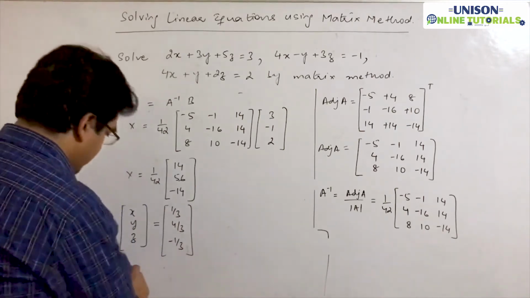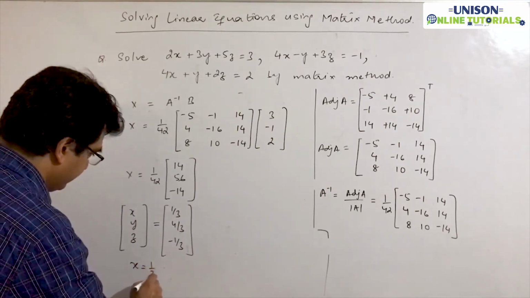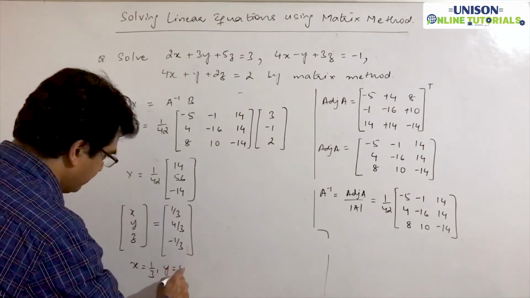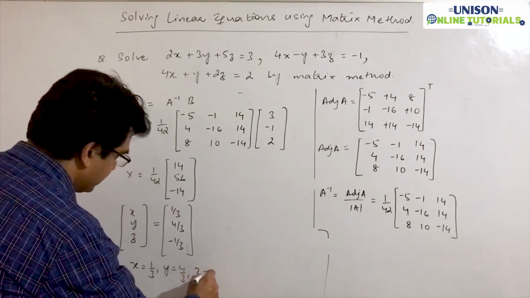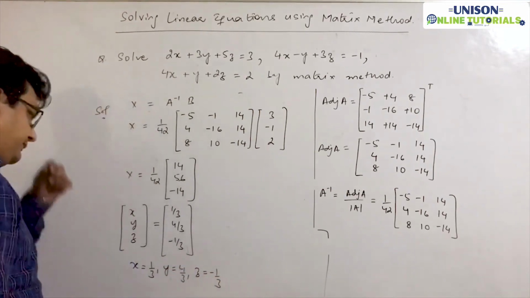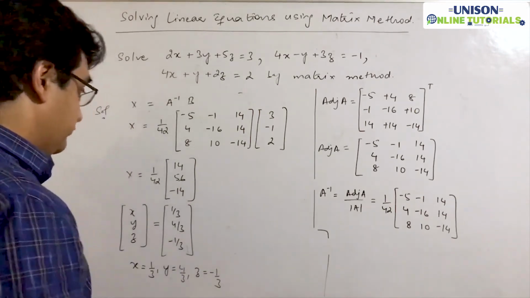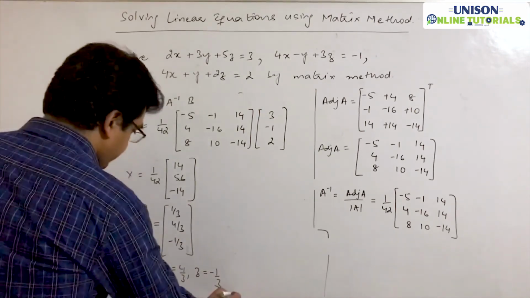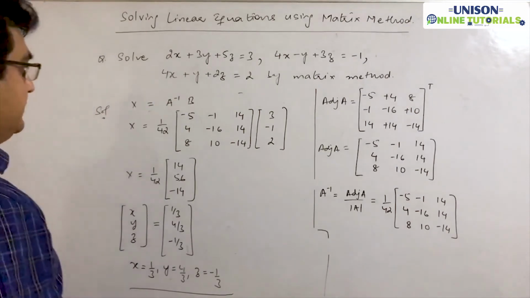So which implies x is 1 by 3, y is 4 by 3, and z is minus 1 by 3. So these will be the values of x, y, and z.